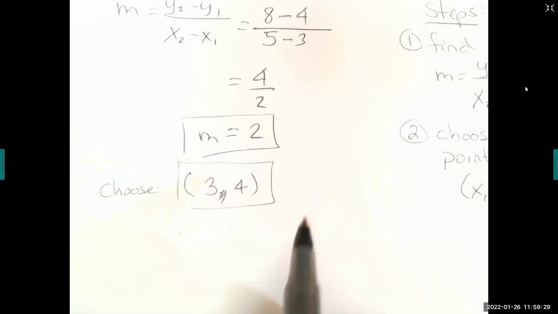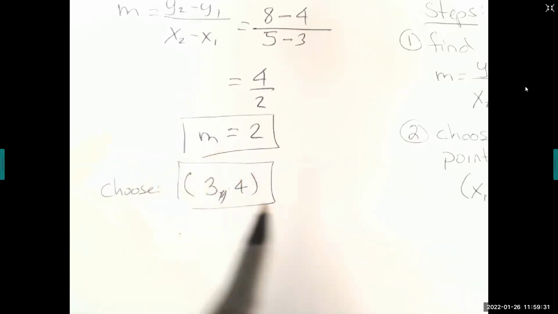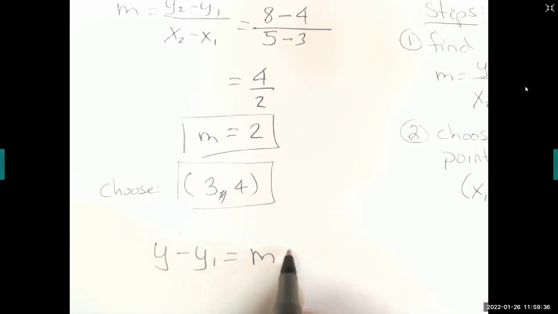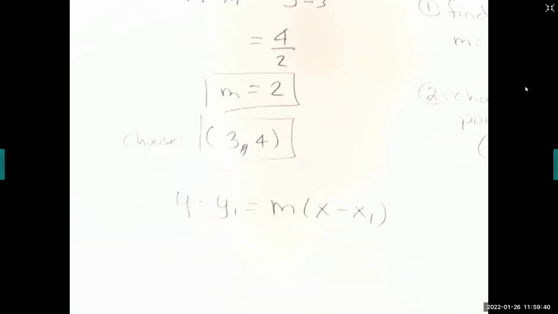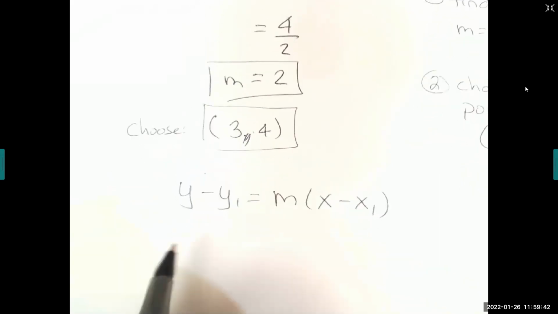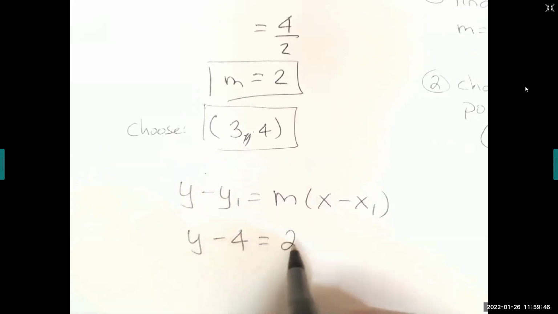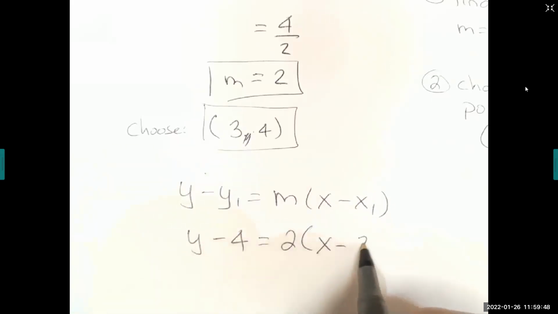All right, so one way you can do it, you have a point and a slope. So the first thing you can try to do is use the point slope formula. Y1 is 4 and x1 is 3.